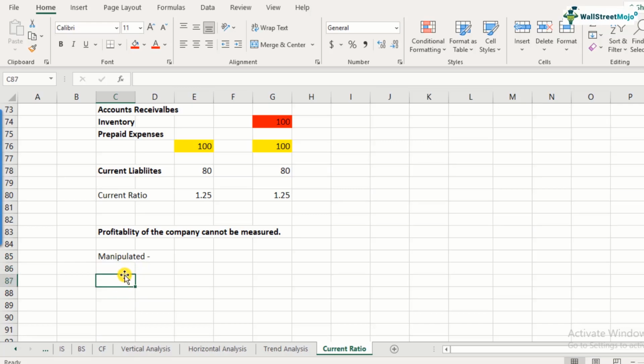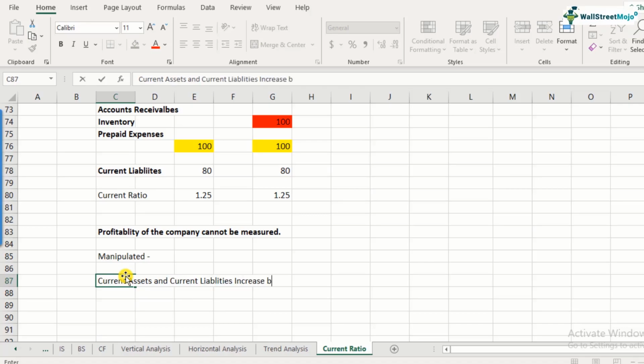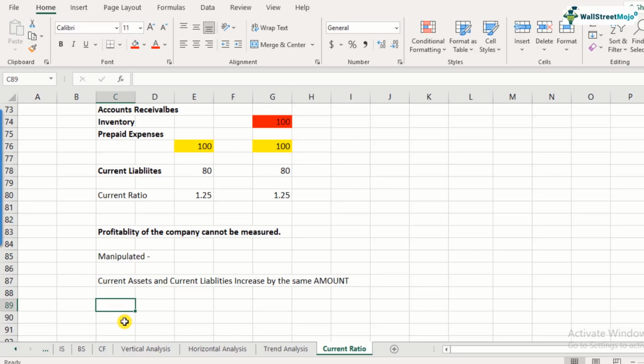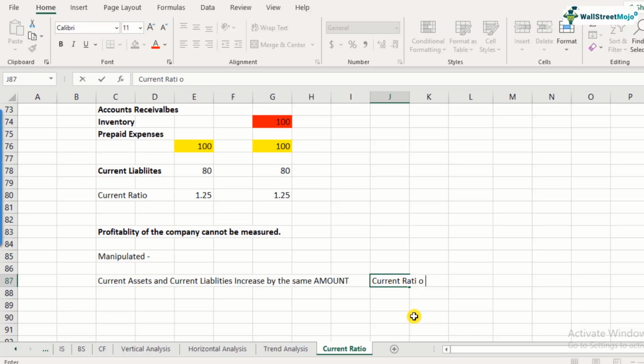So let's say there is a scenario where current assets and current liabilities increase by the same amount. What happens if the current assets and current liabilities increase by the same amount? Your current ratio will decline. You can try that.